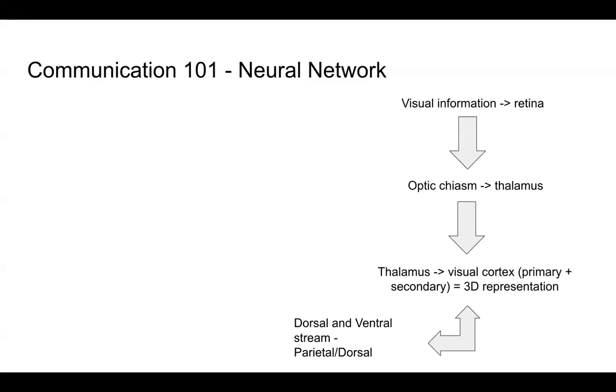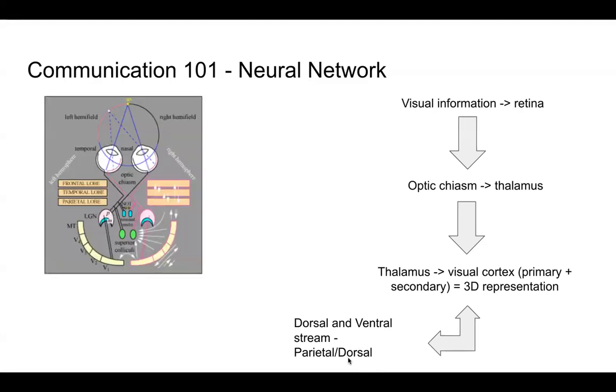So the dorsal stream processes where it is, how it's coming, the speed of it. So it's basically the space aspect of it. It helps to create that 3D representation. And the ventral stream processes what it's actually doing, right? So this says dorsal here, but it's supposed to be temporal lobe. The temporal lobe contains the hippocampus and it helps to identify what the object is.